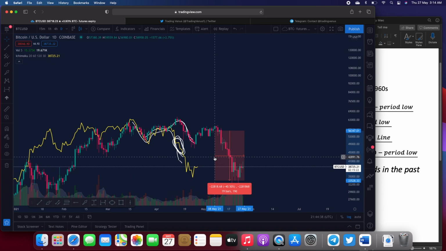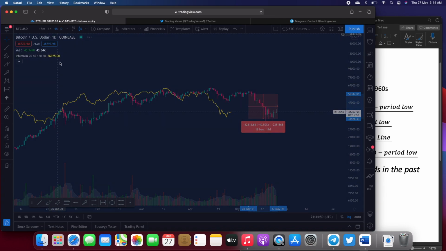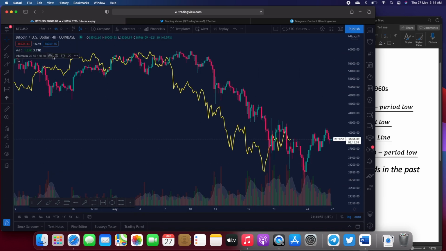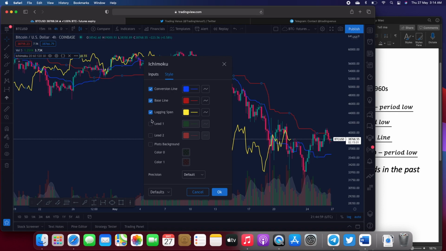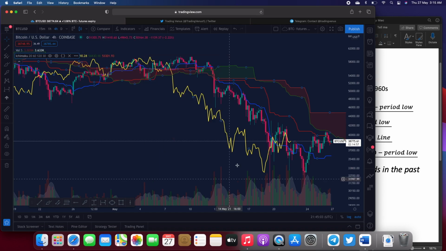Now we never use the lagging span alone, and it is to be used with the help of all the other four indicators.